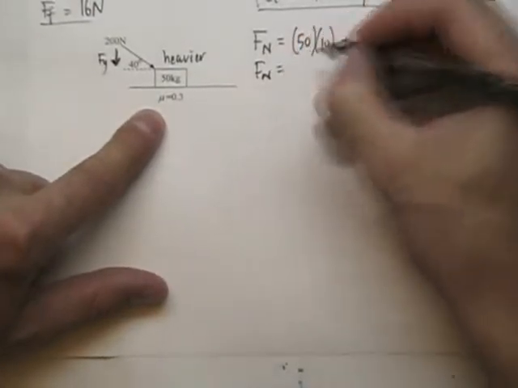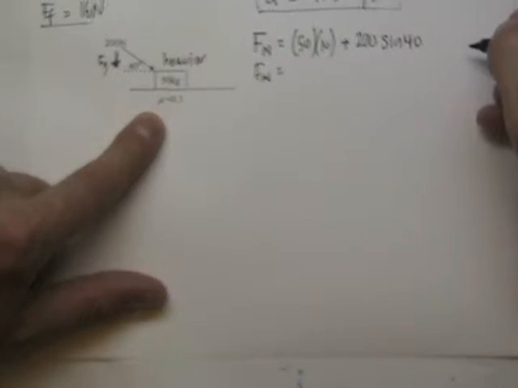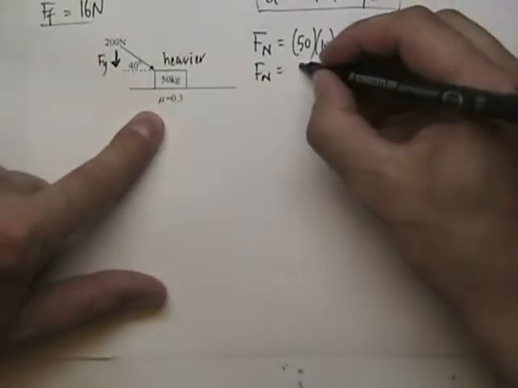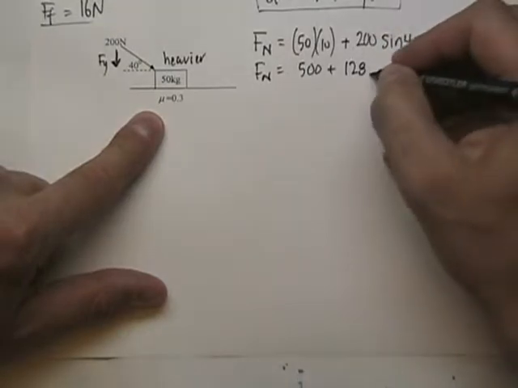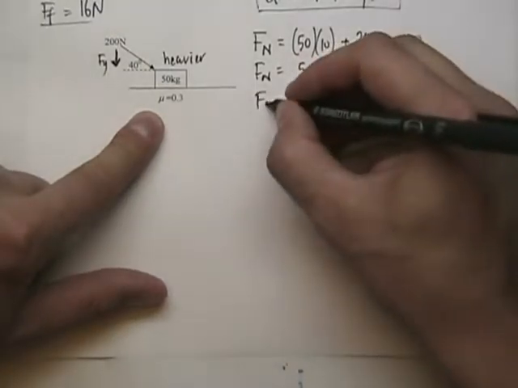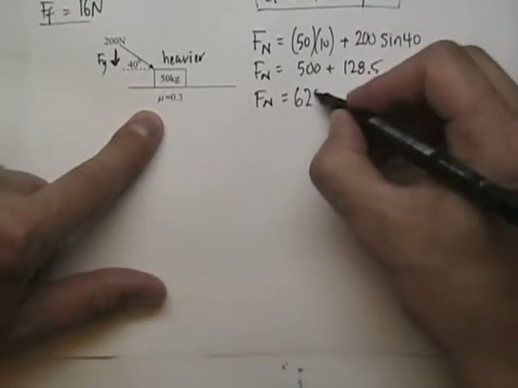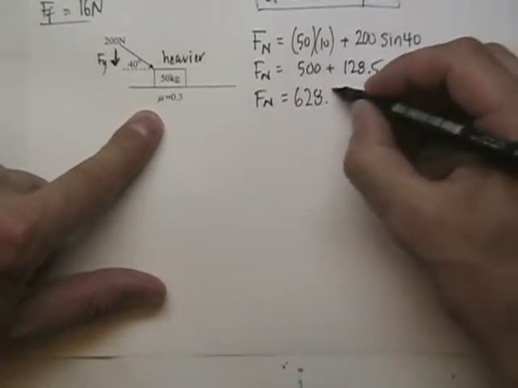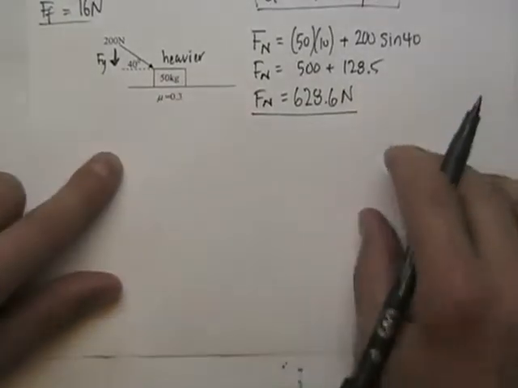So my normal force is going to be 500 plus 128.5. And this time we'll keep the decimal, just to make it slightly more complicated. 628.6 newtons. There's your normal force.